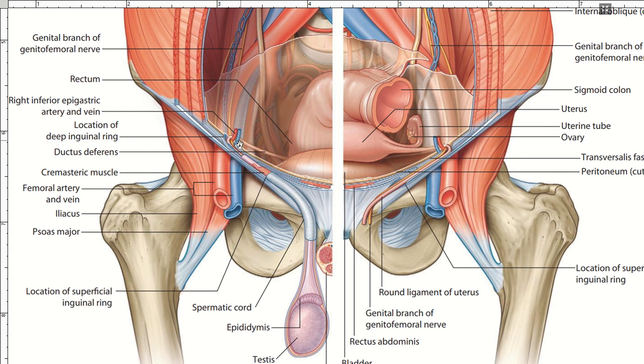Let's look at the male. If you remember, what is this? This is your right inferior epigastric artery and vein. The inferior epigastric artery and vein form the lateral umbilical fold.